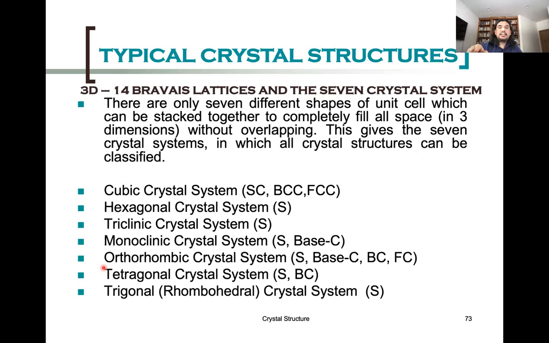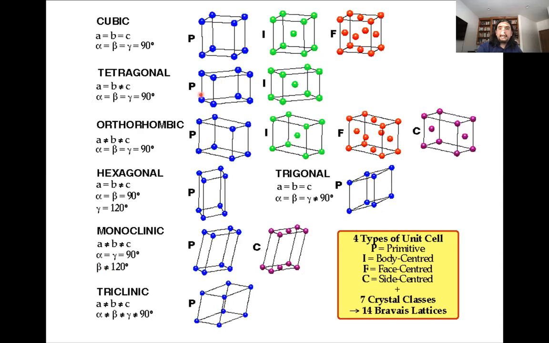Then I talked to you guys about how there are 14 Bravais lattices, and I have some pictures here. So you have the cubic: the simple cubic, a body centered cubic, and a face centered cubic. Then if one of the three directions is not equivalent, in this case A and B are equivalent but C is not, then you have tetragonal.